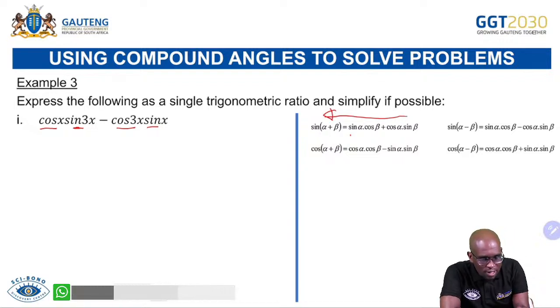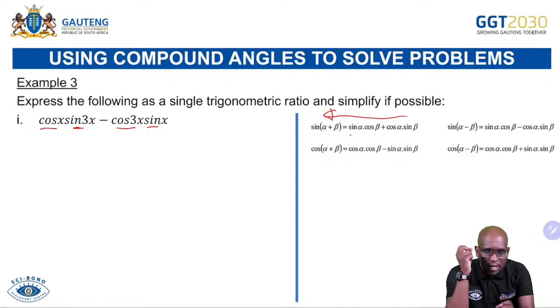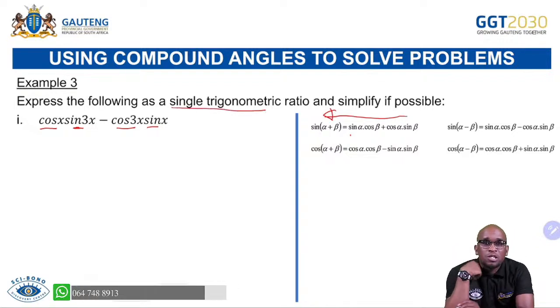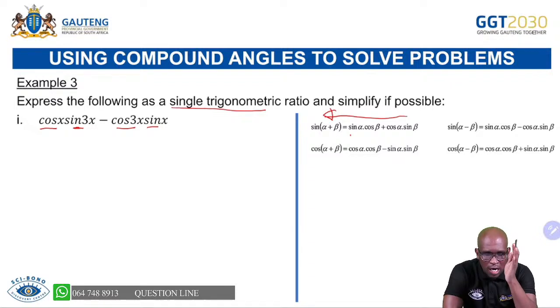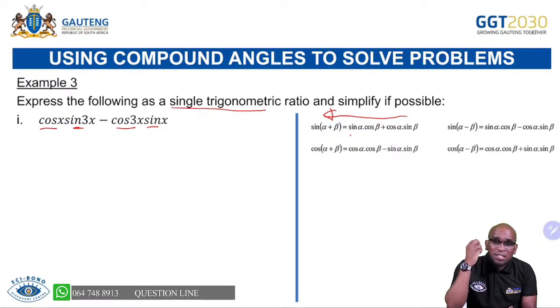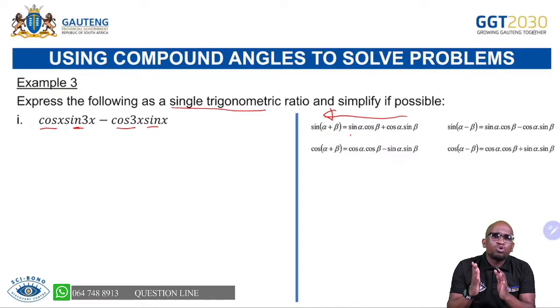So now let's look at this one. We want to express it as a single trigonometric ratio. Now, what we want to do here is to check which formula will be applicable first. Right, guys, you can see how important your formula sheet is for trigonometry. Very, very important. So you should always have it next to you when you work with trigonometry.